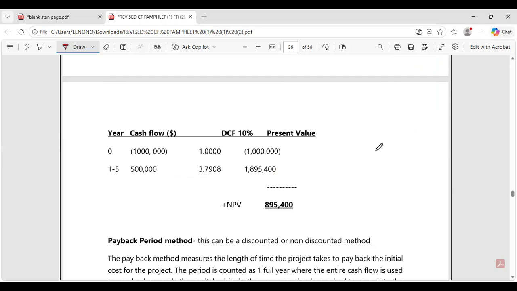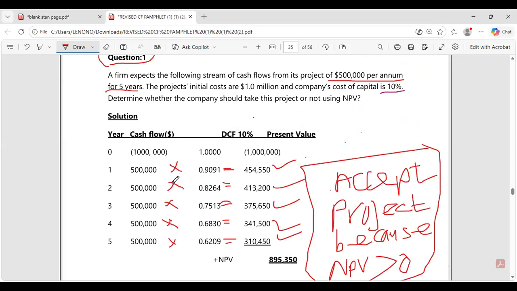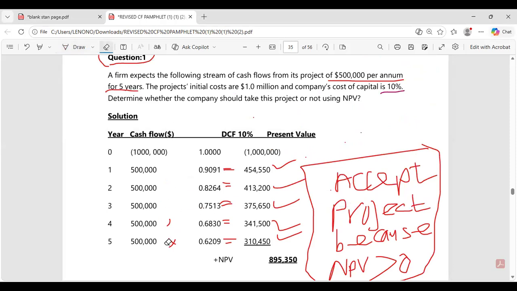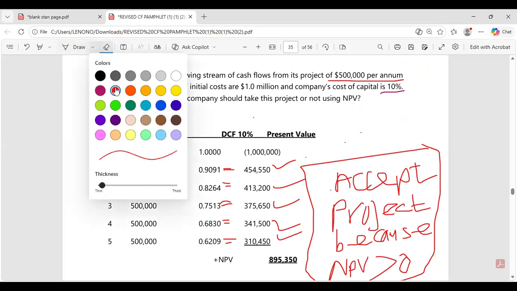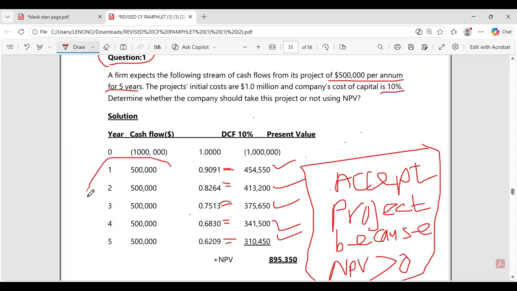All right, so this is what we have. But this was an annuity. If you've done time value of money, so if you wanted to use a shortcut, you find the present value interest factor for annuity. So this is the same amount as an annuity.